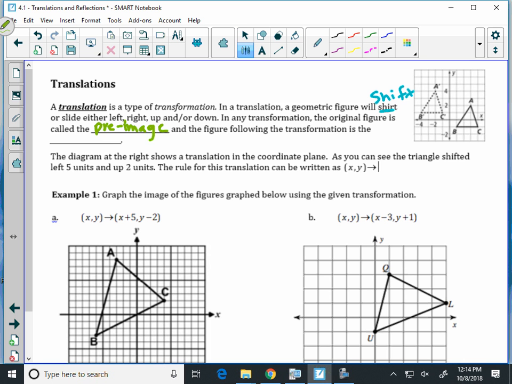It's what we start with. So in this diagram, this triangle right here is our preimage. Okay? I'll explain to you in a second how to notice the difference. After you do your transformation, your resulting figure, your answer, is what we call the image.